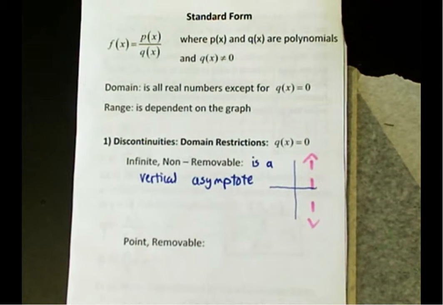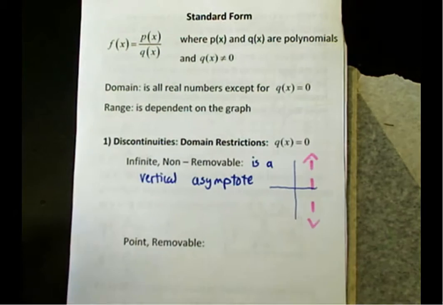How do you get that vertical asymptote number? X values of... no one? The denominator? Zeros? Maybe? Okay, all right, here we go.